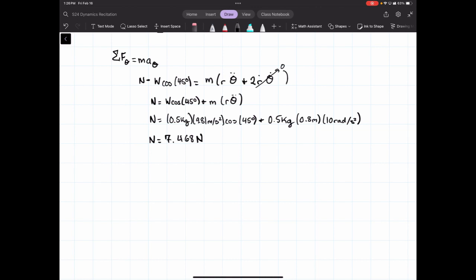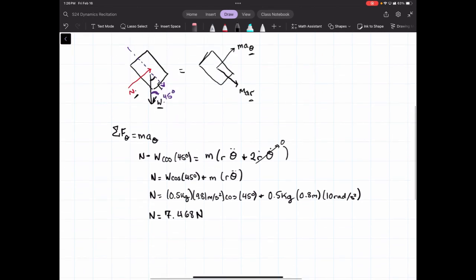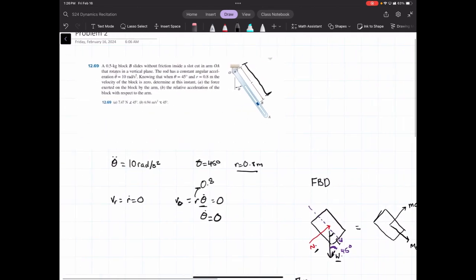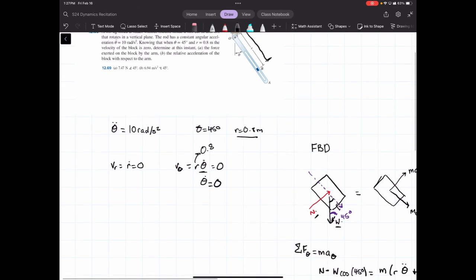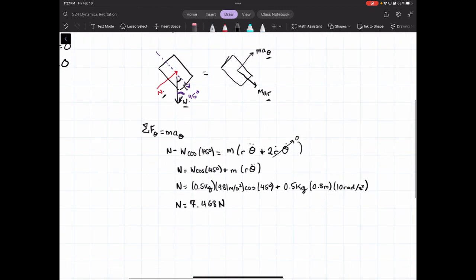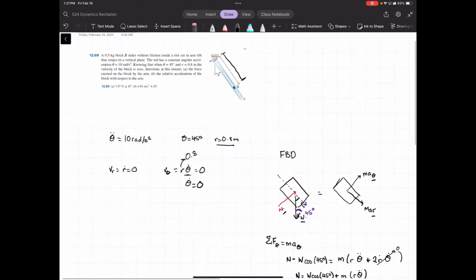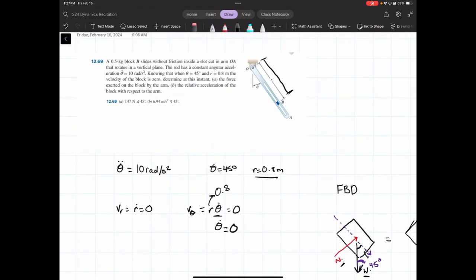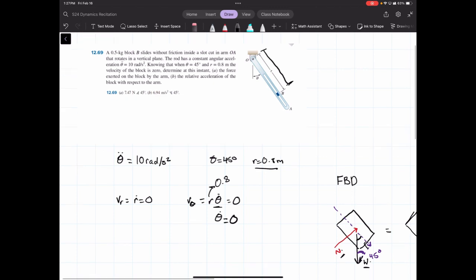All right. So then the next thing we're asked is to find the relative acceleration of the block with respect to the arm. Okay, so we know that the arm has a constant acceleration of 10 radians per second squared, and that's in the theta direction.